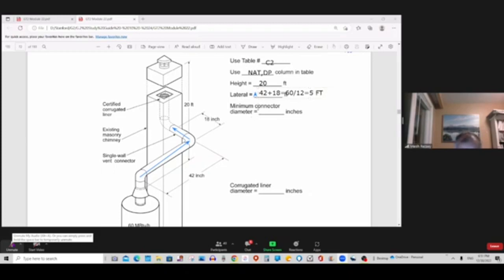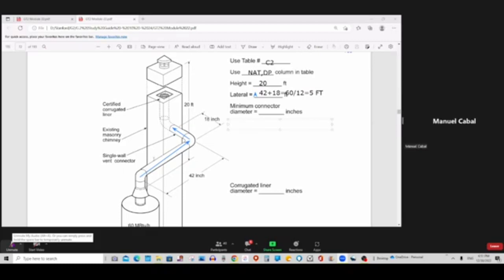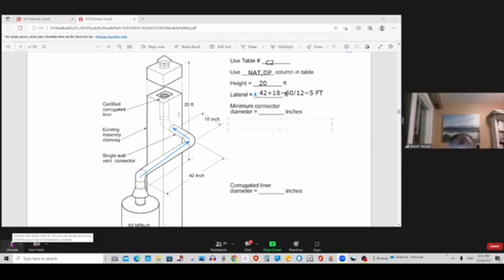Minimum connector diameter. Okay, listen. Here we have, first of all, how many elbows? 2 elbows, sir. 3 elbows. 3, yeah, 1, 2, 3. So 1 elbow extra. So we have to deduct how much? 10%.